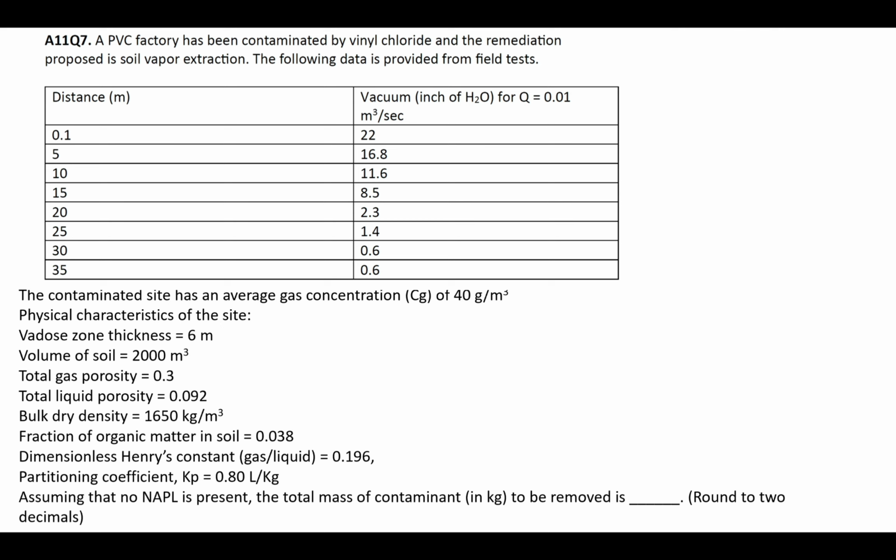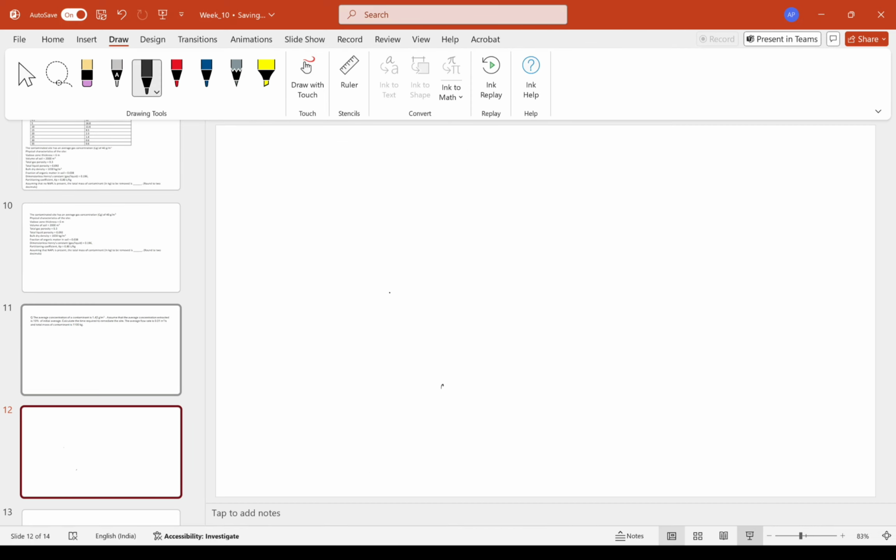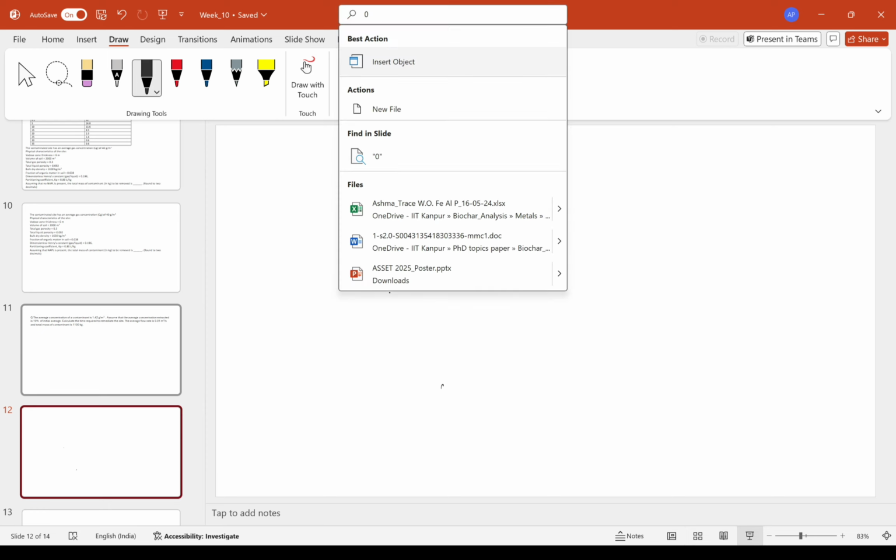The partitioning coefficient Kp is given as 0.8 liter per kg.